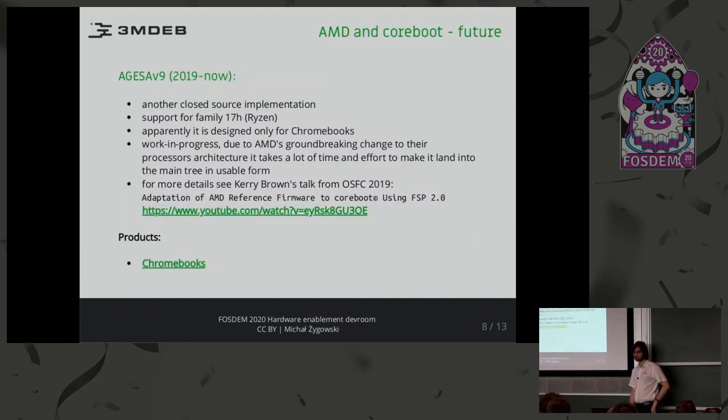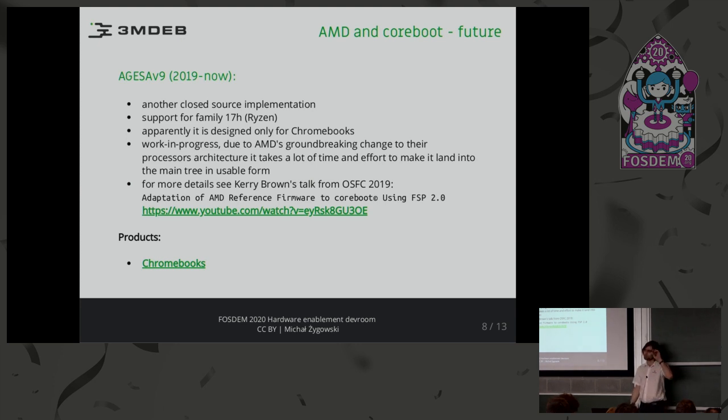Now to the future and the present. Currently there is work in progress on AGESA V9. It is another closed source implementation, but with a more restrictive license, because it is aimed to support only Chromebooks for now, and there seem to be some mainboards just freshly announced, but currently there is no mainboard in coreboot yet.